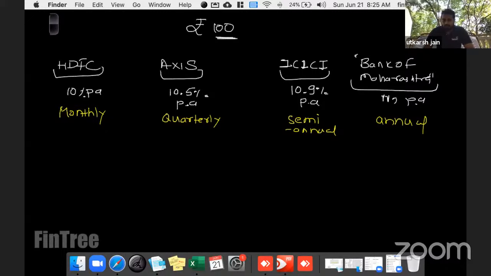Don't choose a bank based on your perception of their brand. Do the math, figure out the one that's giving you the highest return. Selena says Bank of Maharashtra, triple one. Jessilia is ICICI 11.19.